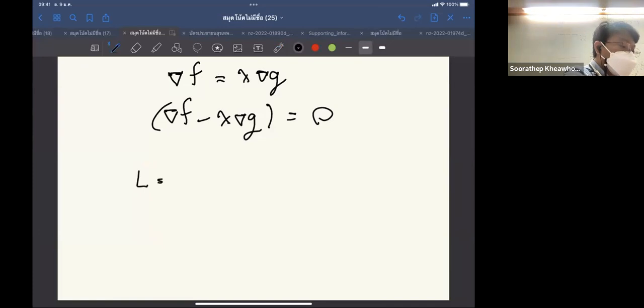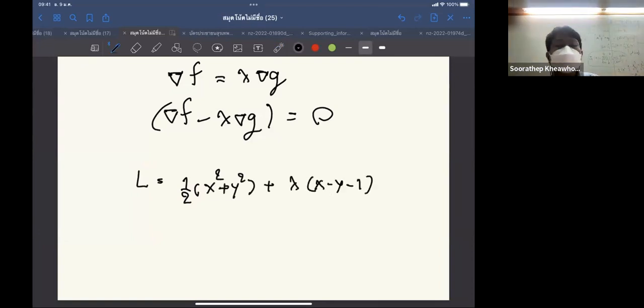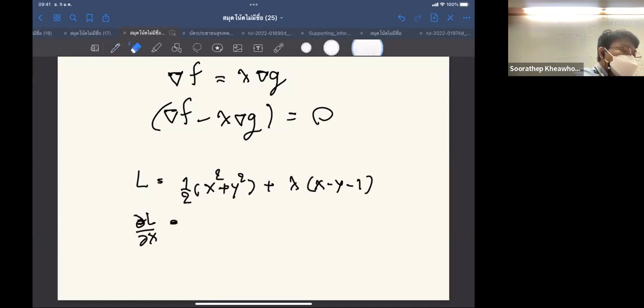The Lagrange function is okay. Y square. I use plus lambda. And the condition, what about the condition? The first condition, with respect to x, becomes x plus lambda equals 0.